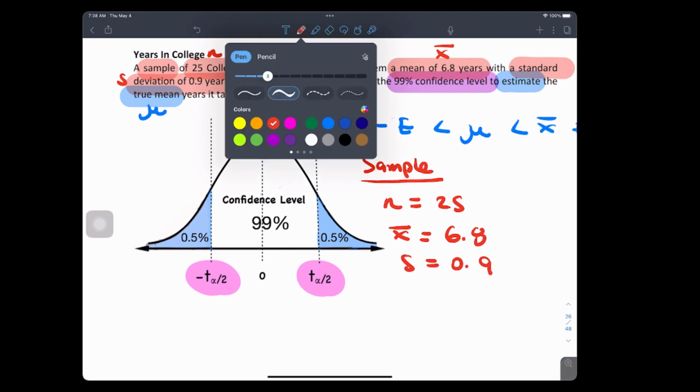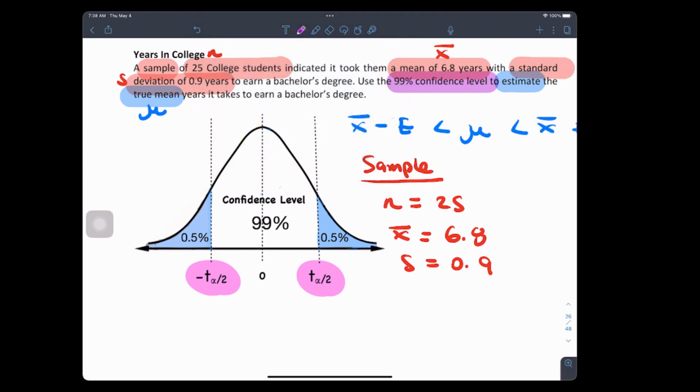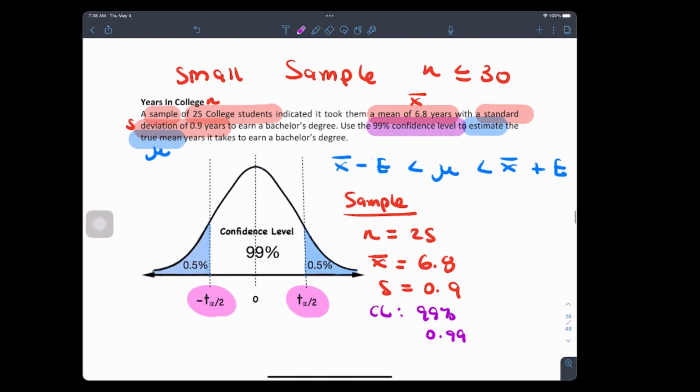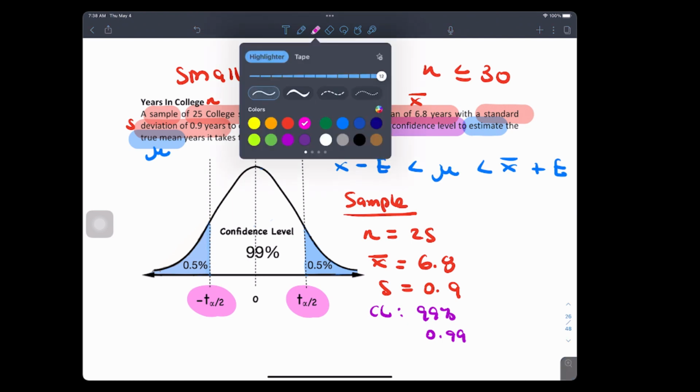And what kind of confidence level do they want us to have now? The 99% confidence level. Is that right? You guys with me on this? So this is what you use for a small sample. We're going to use all of this information. You guys okay with this?